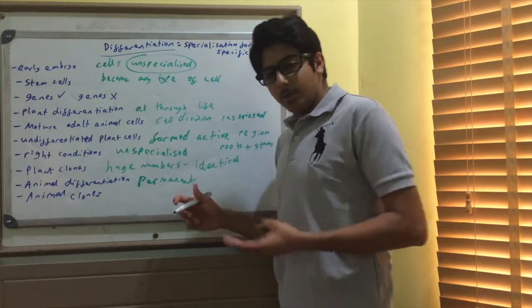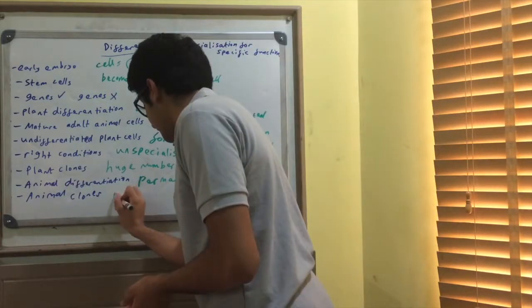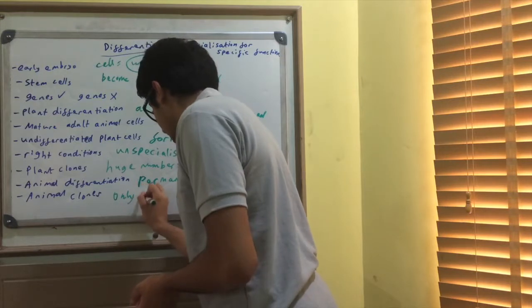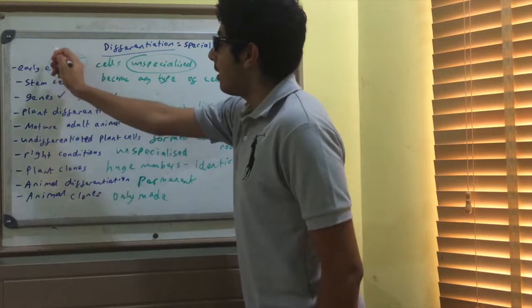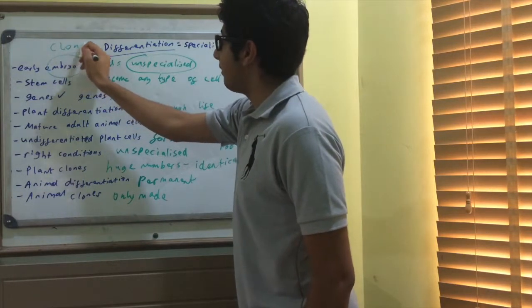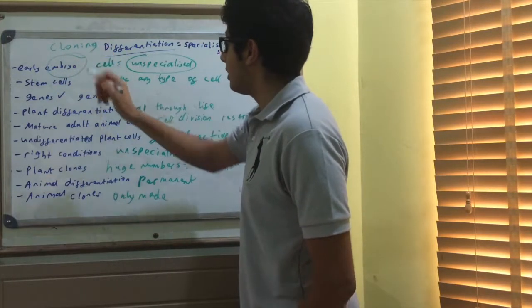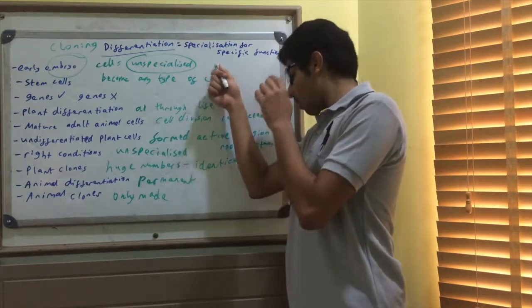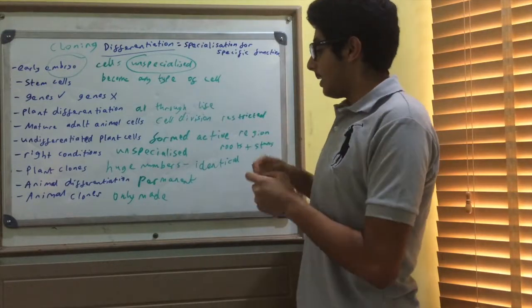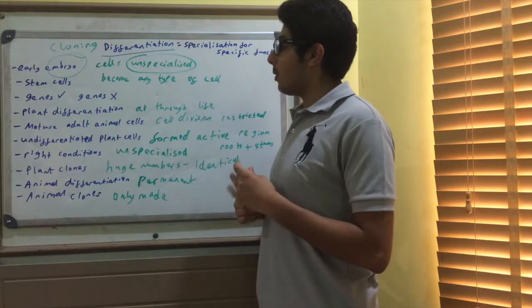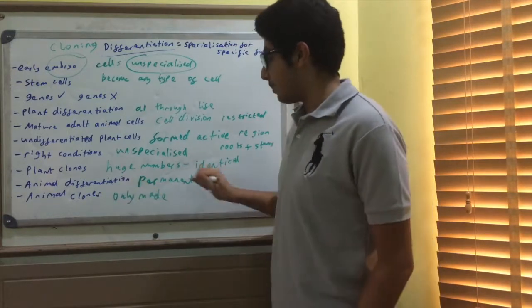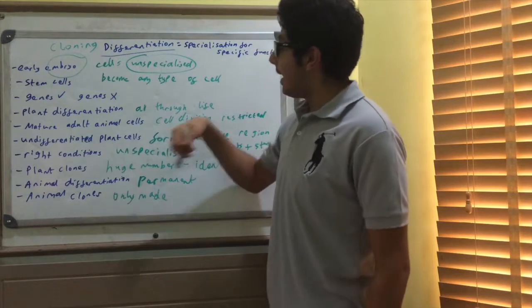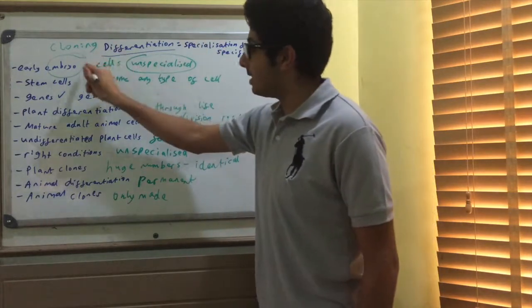And so animal clones can therefore only be made by cloning the embryo at its early development stage, when the cells are unspecialized. That is the only way you can create animal clones, because animal differentiation is permanent, cannot go back, and it happens only in the early stage of the embryo.